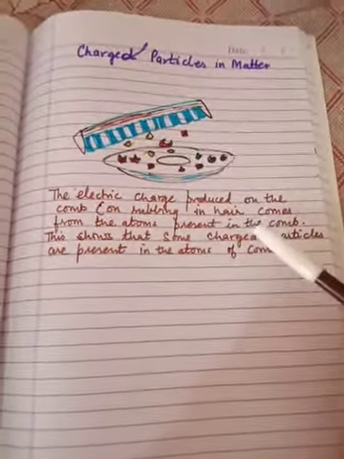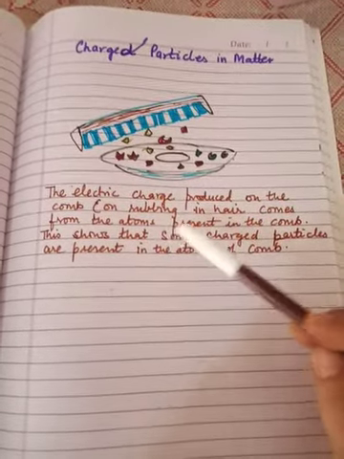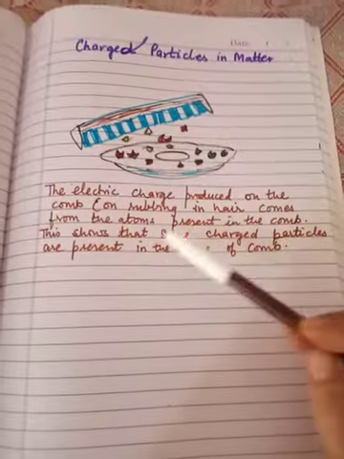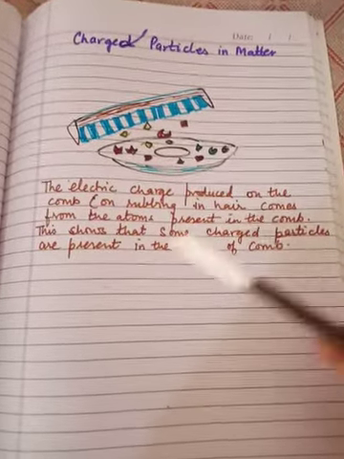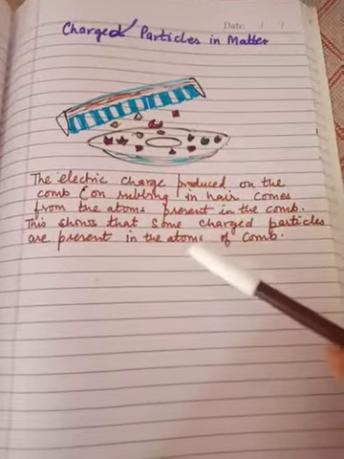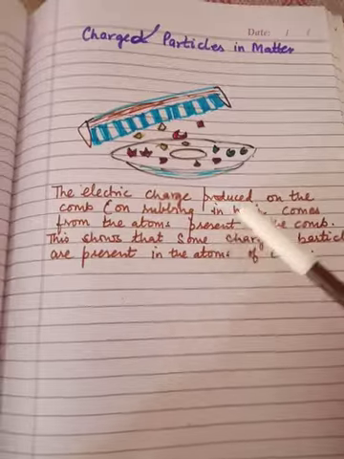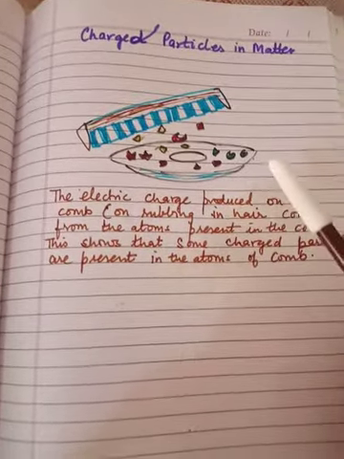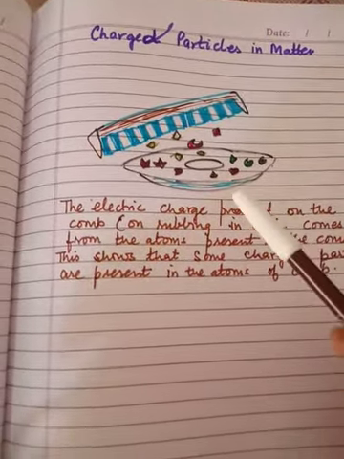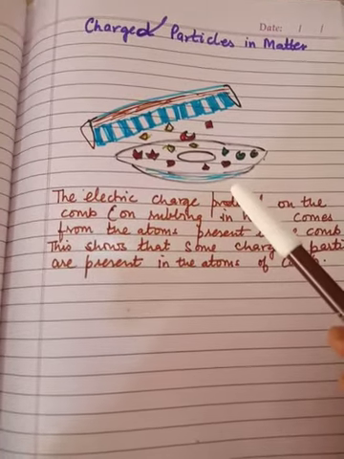It can be concluded that the electric charge produced on the comb on rubbing in hair comes from the atoms present in the comb. This shows that some charged particles are present in the atoms of the comb. We also know that an electrically charged object can always attract an uncharged object.